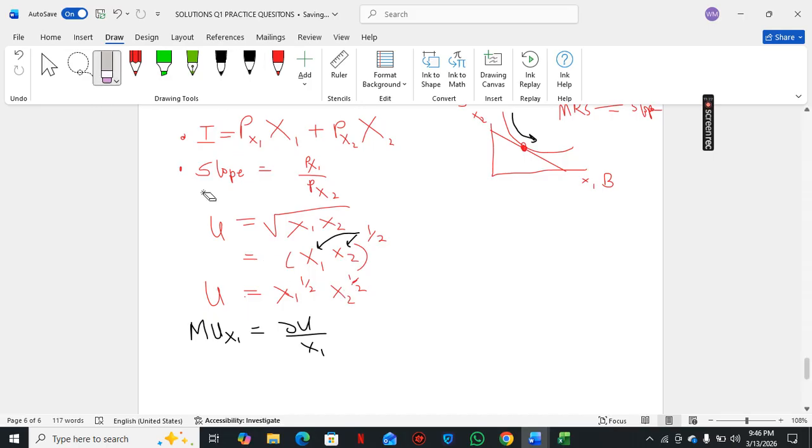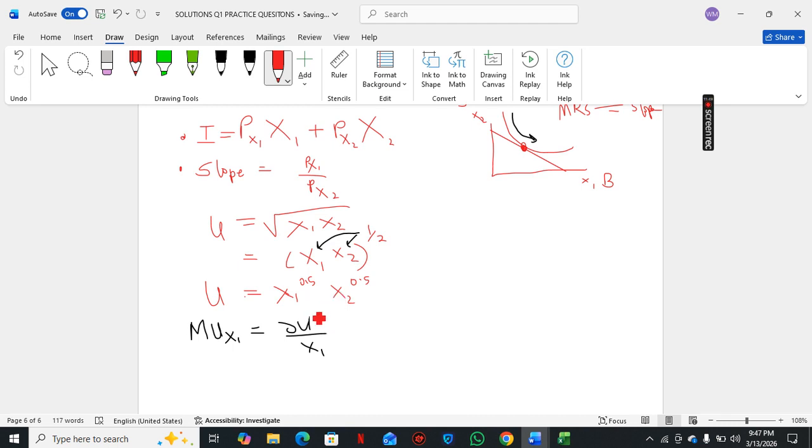Because when you're dealing with fractions, half is the same as 0.5. You see that working with decimals is less of a headache than with fractions. Okay. So we are deriving this utility function with respect to x1.